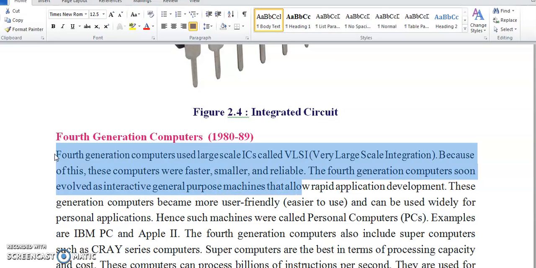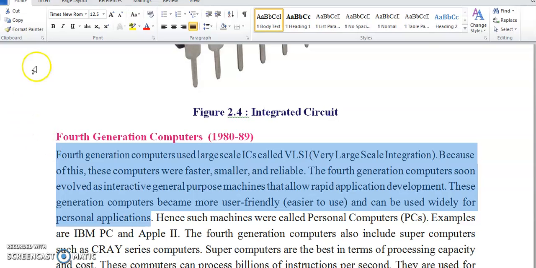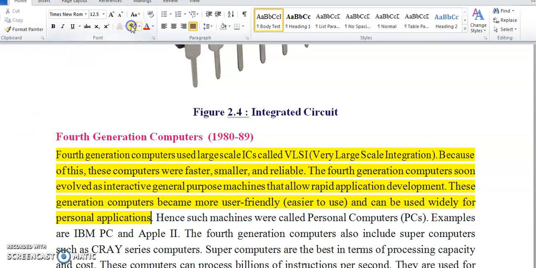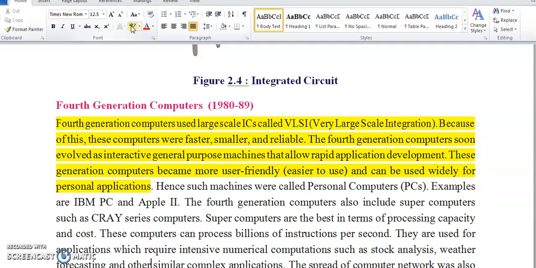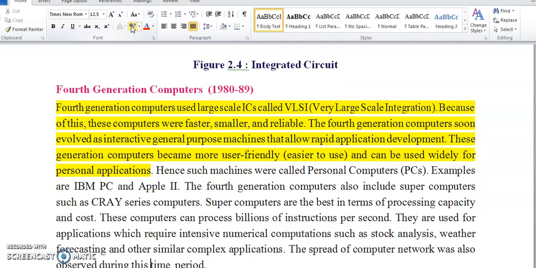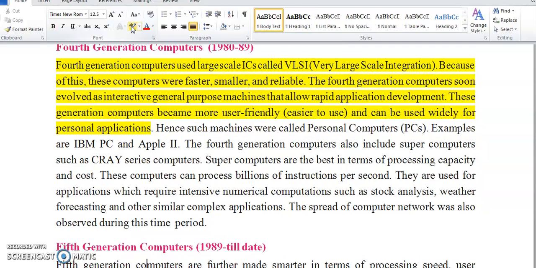Fourth generation computers soon evolved as interactive general purpose machines that allow rapid application development. This generation became more user friendly and could be used widely for personal applications. It became more popular because of VLSI. Hence such machines were called personal computers. Examples are the IBM PC and Apple II.